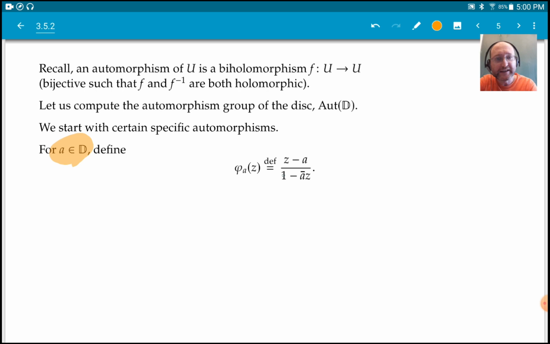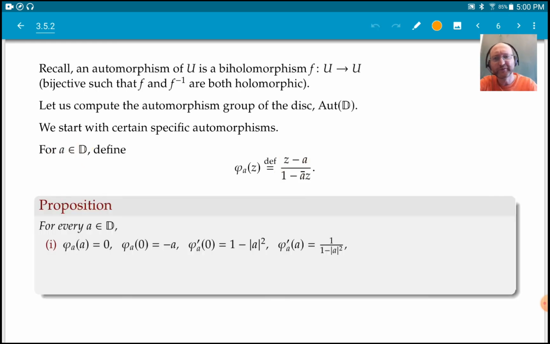So for each A, we write down this formula: z minus A divided by 1 minus A bar, the conjugate of A, times z. So this is a nice linear fractional transformation. One thing that you can immediately see is that it takes A to 0. It also takes 0 to minus A. That's also an easy one.